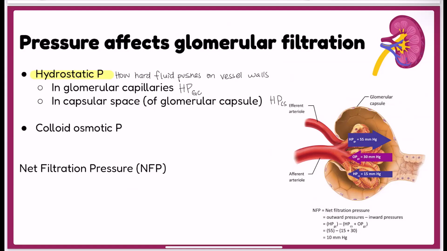So that means there's an inward force pulling water towards the inside of the glomerular capillaries because of the plasma proteins. So this osmotic pressure is OP, and that's of the glomerular capillaries. And this is plasma proteins draw water.